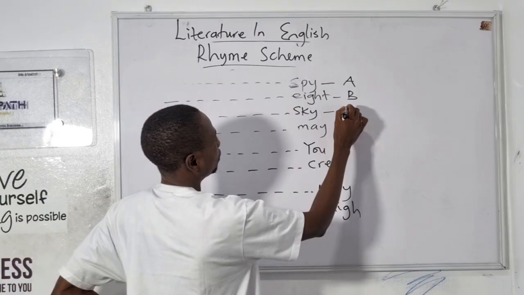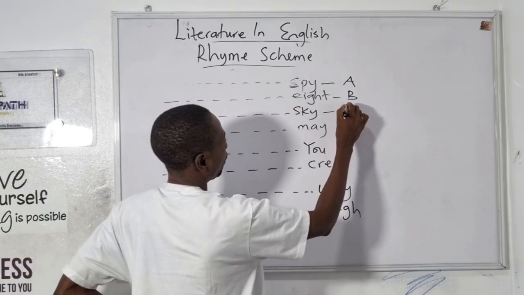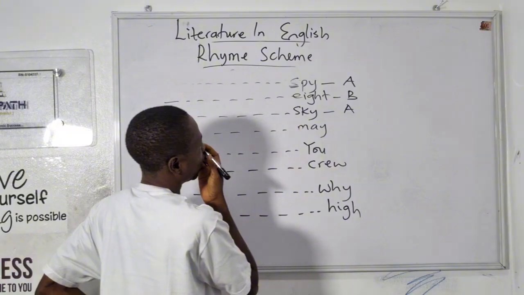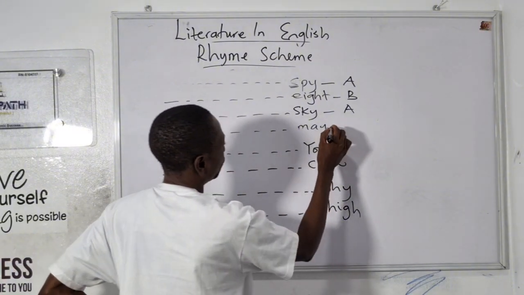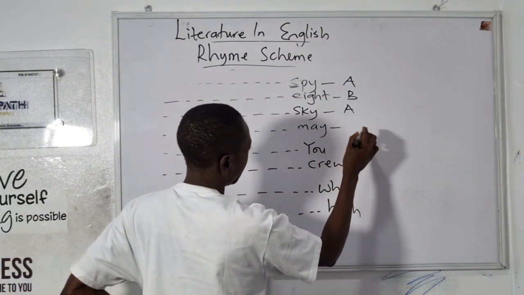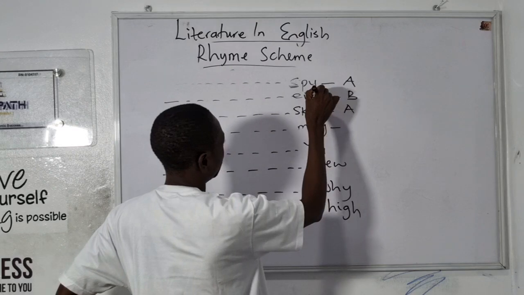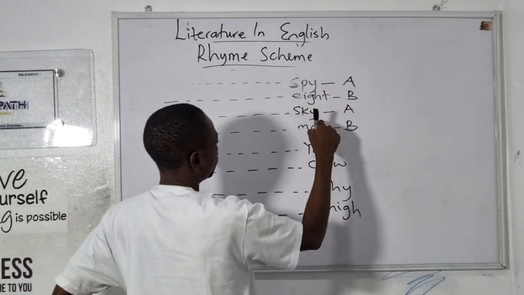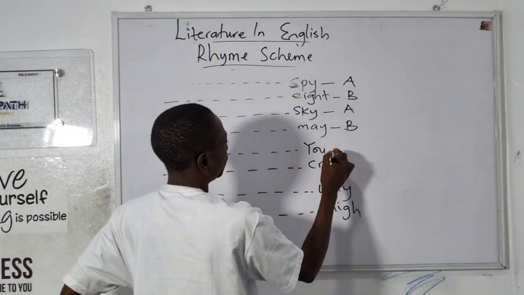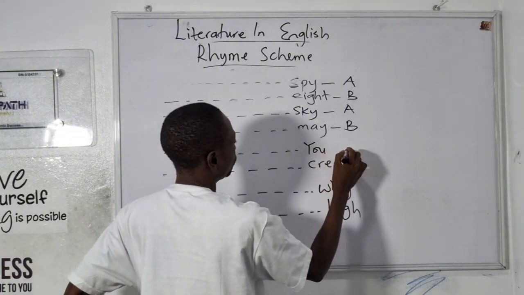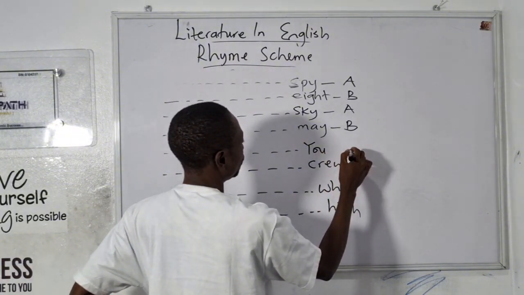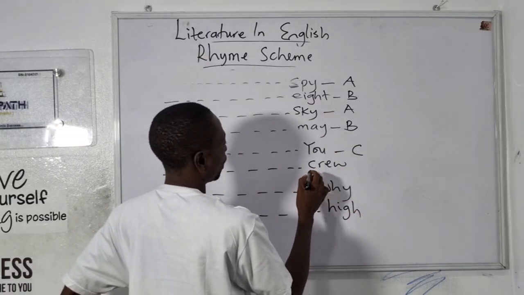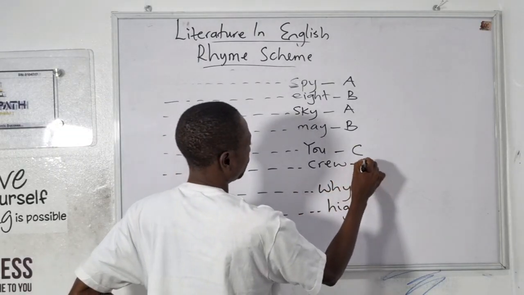You name it A again. The fourth line has A, which is in line with this. You name it B, because this one and this one have the same vowel sound. The fifth one, U, name it C. And crew, also U, name it C.